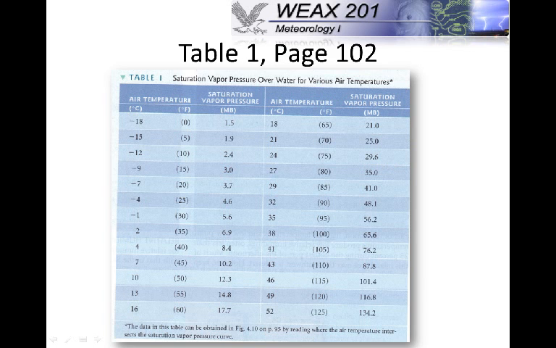Now, in previous problems, we used table 1 on page 102. Let's compare how we compute relative humidity using this chart from the answer we get from the other chart. We're going to carry over and find that the saturation vapor pressure when the temperature is 35 degrees Celsius equals 56.2 millibars.